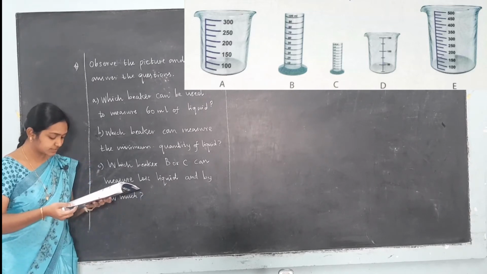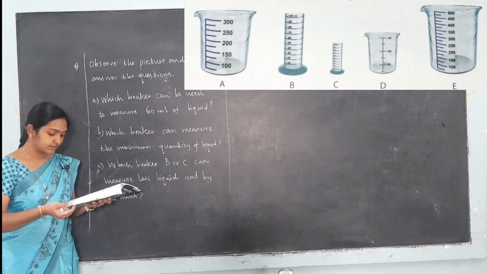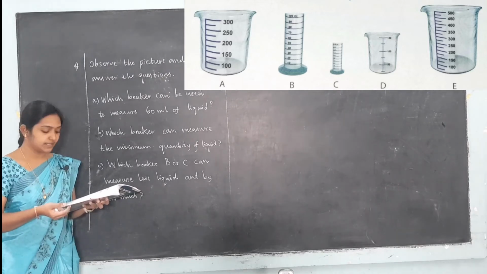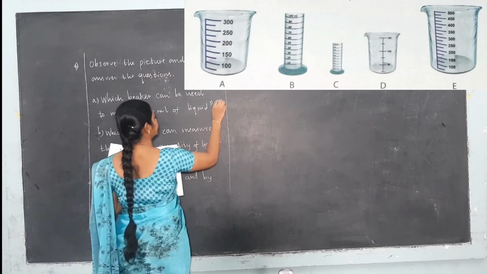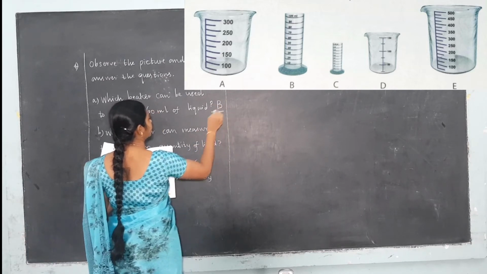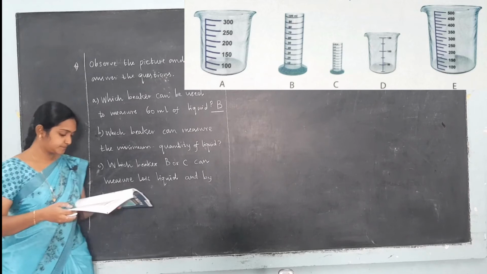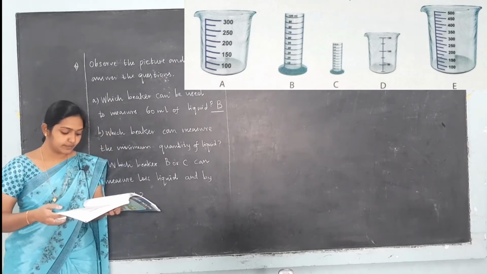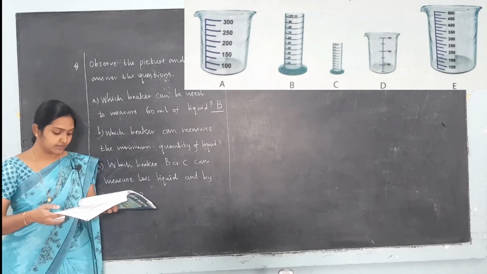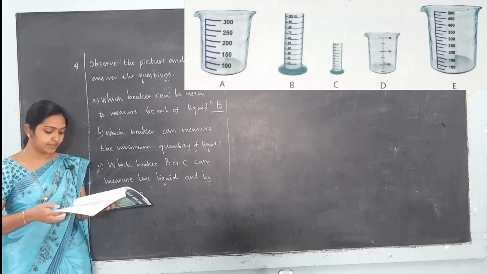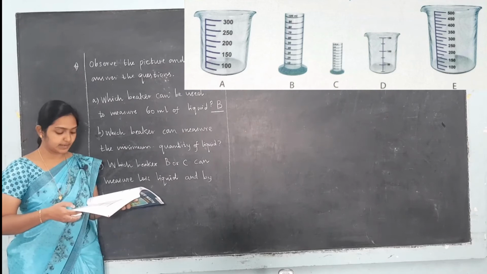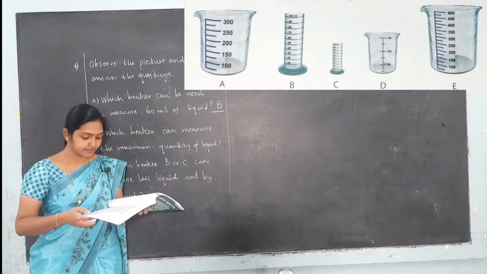To measure 60 ml, we can use beaker B. So the answer is B. In beaker B, we are having markings as 10, 20, 30 up to 100 ml. So 60 ml can be measured using beaker B.